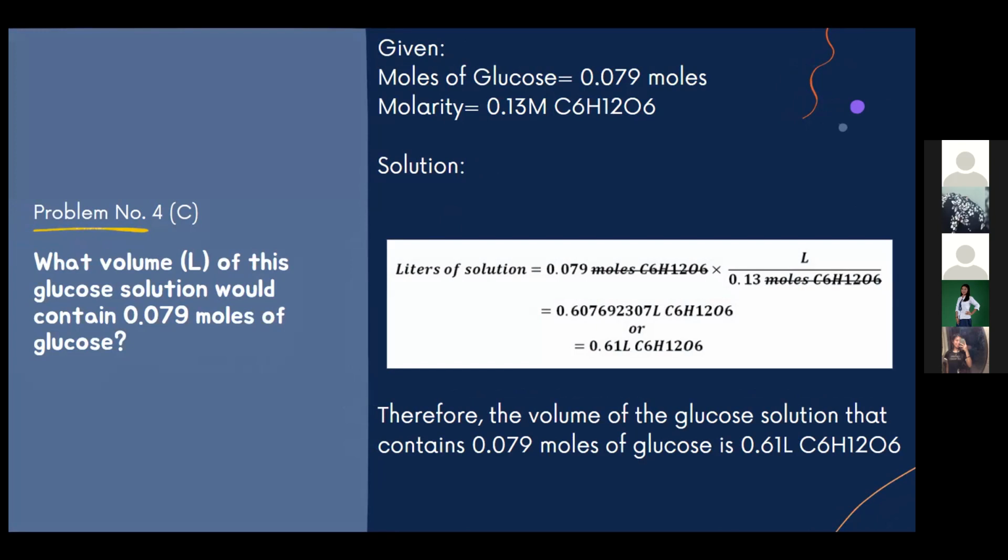It will become liters of solution equal to the number of moles of solute over molarity. So it will become 0.079 moles over 0.13 moles per liter. The answer will be 0.607692307 L or equal to 0.61 liters.